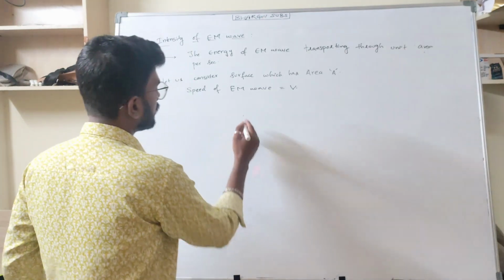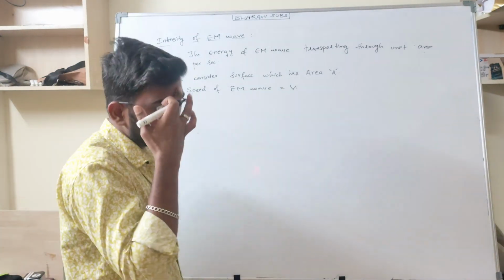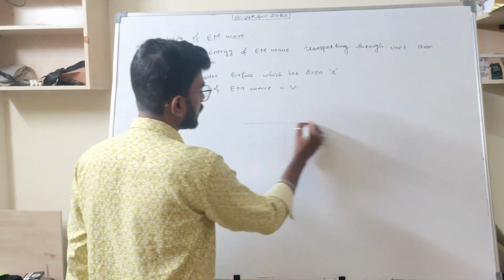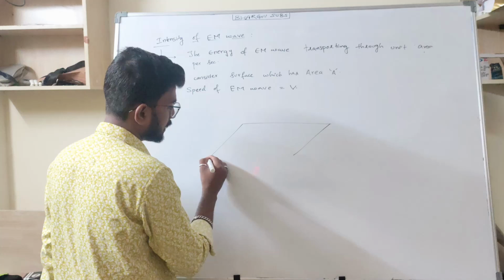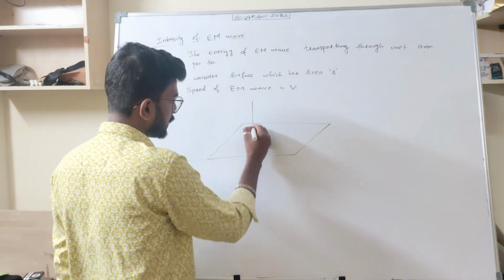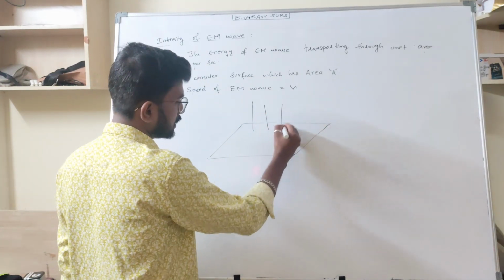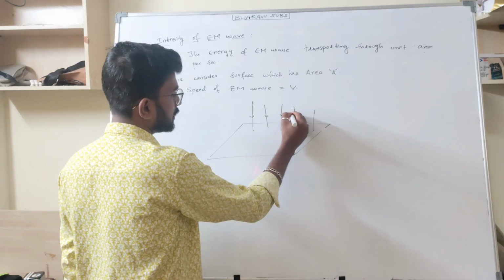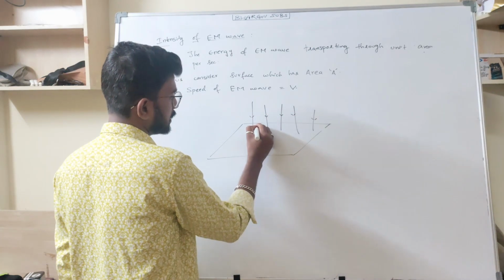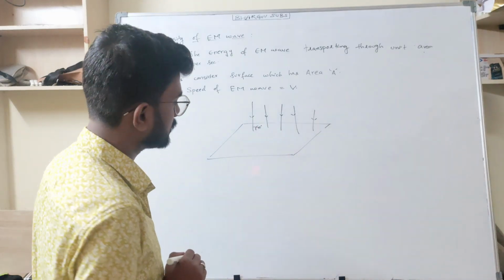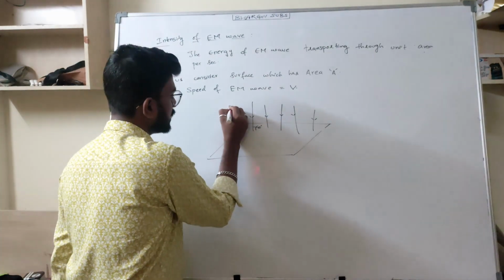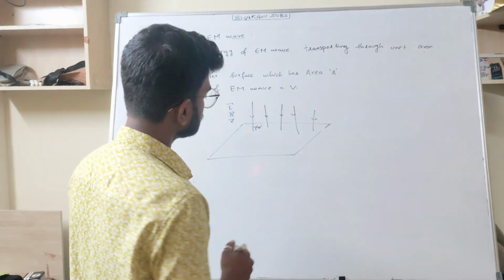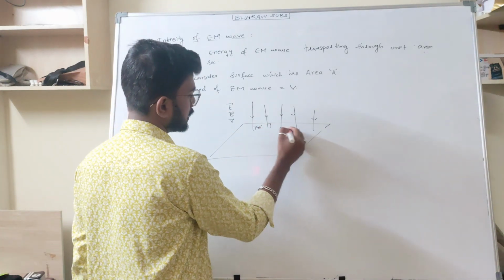So it contains E, B. E means electric field, B means magnetic field. So I consider a surface. Now the electromagnetic wave is hitting perpendicularly, at what angle? 90 degrees. It is hitting at 90 degrees, containing electric field, magnetic field, and with velocity v, right? So it is hitting perpendicularly.